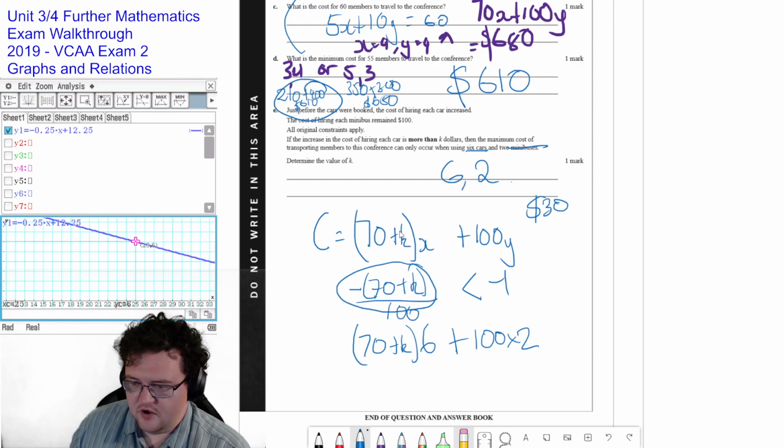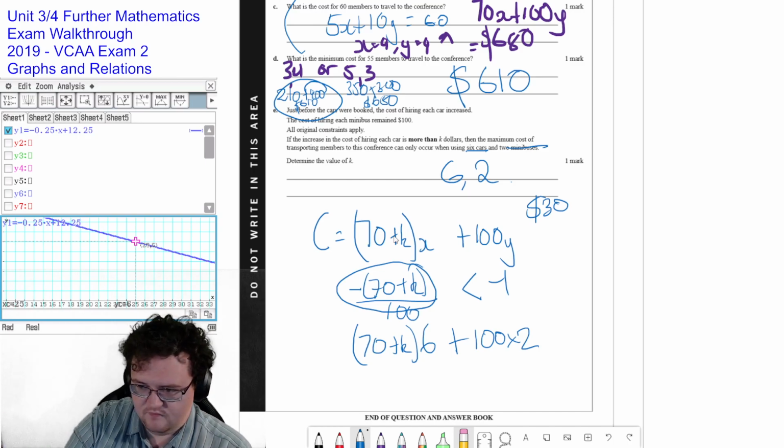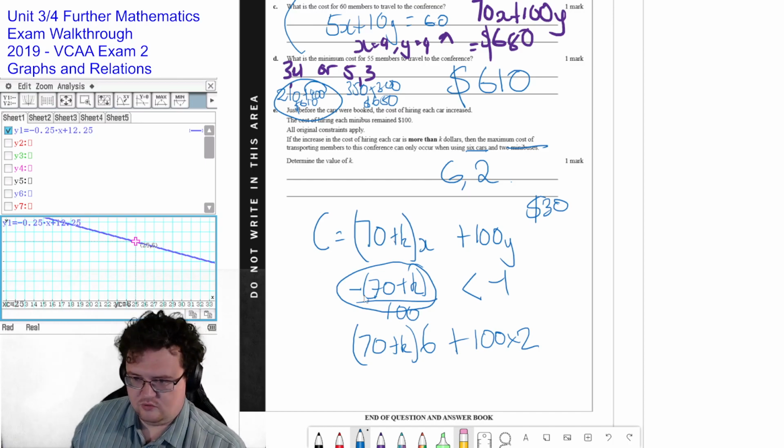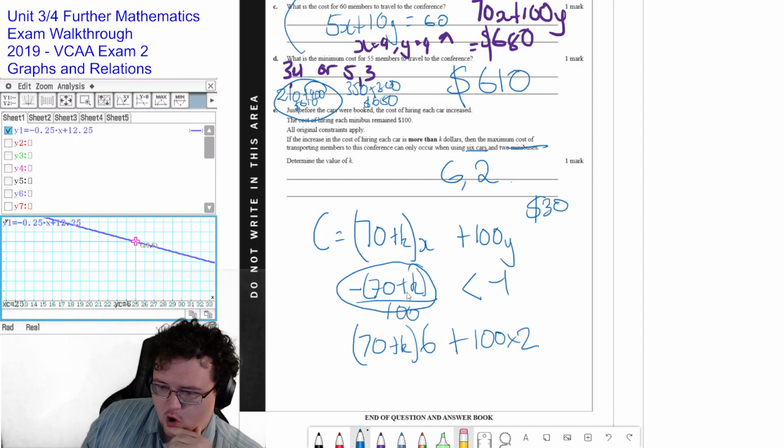Basically, what they want you to do is try putting $30 in, or try putting numbers in. The reason why they pick 30 is because the goal is to get this to be less than -1. Well, 70 plus K divided by 100 is less than -1. Well, that means K has to be $30.